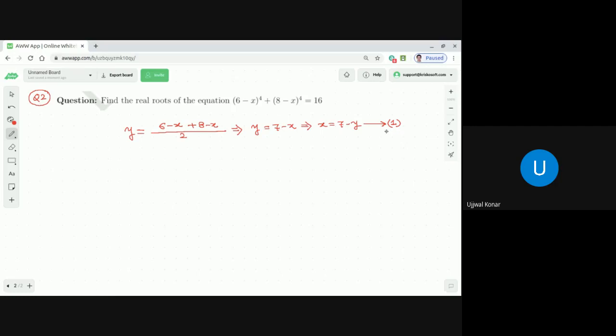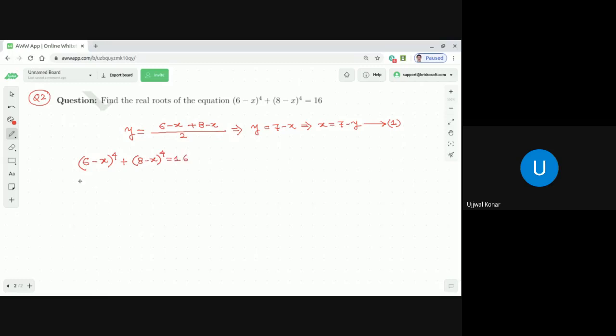If x is equal to 7 minus y, then if we apply that value in the given equation, what are we going to get? So what is our original equation? It is (6 minus x) power 4 plus (8 minus x) power 4 is equal to 16. That is our original equation.